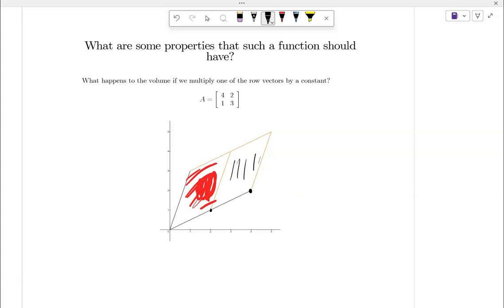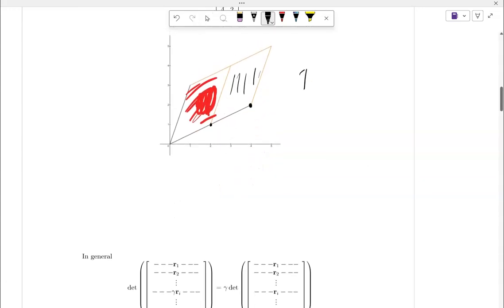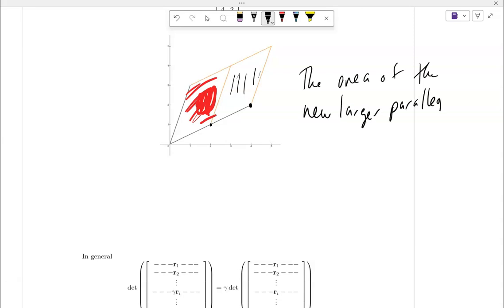So we notice that the area of the new parallelogram, so I can spell parallelogram, that would be helpful. That area of that new larger parallelogram is twice that of the original.